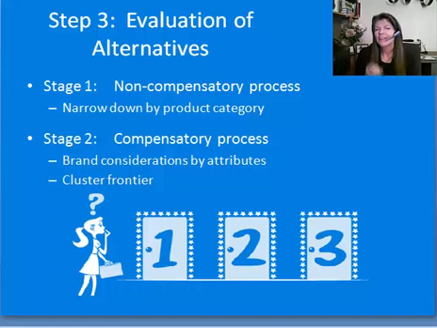But a cluster frontier is a hypothetical ideal brand that contains the very best combination of attributes that you have found so far across brands, but not one brand that offers all of them. So let's consider an example here because this is going to affect how long this stage lasts, how long you are involved in this evaluation of alternatives.